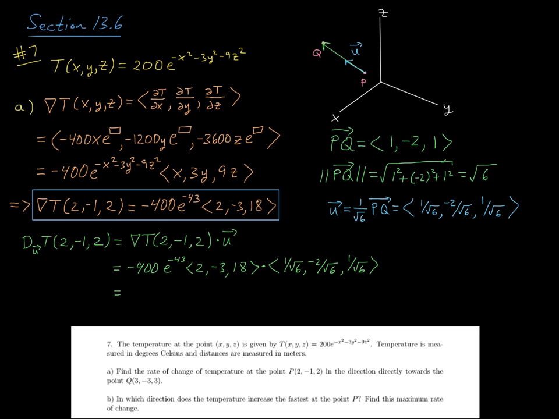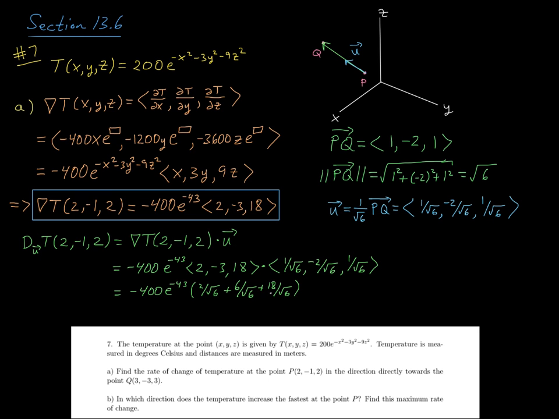All right, now I'm just going to leave this minus 400 e to the minus 43 out front for the moment. So let's see what we're going to get for the dot product result. I'm going to get 2 over root 6, then a positive 6 over root 6, and then finally an 18 over root 6.